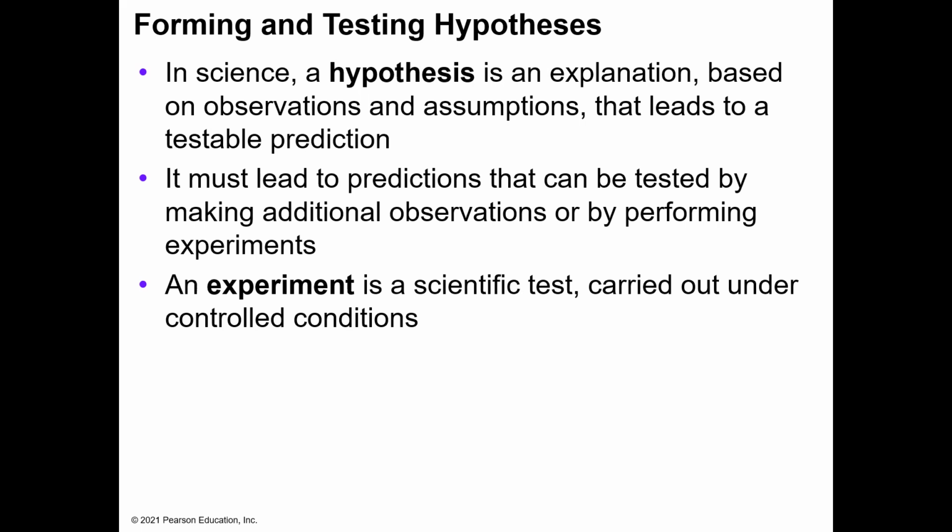An experiment is a scientific test. It's carried out under controlled, very specific conditions. So you can't just make a hypothesis; if it can't be tested, it isn't of any use to science. It has to be a hypothesis that is able to be analyzed by experimentation or observation.